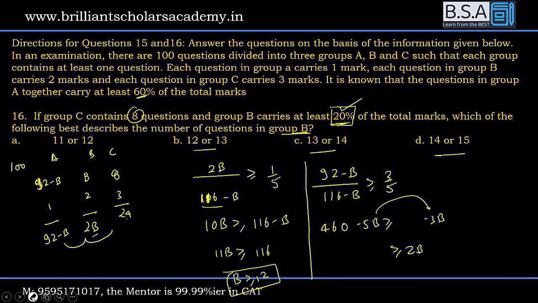Take this here. 460 minus 340 is 120. 120 minus 8. We're getting a very large number here.